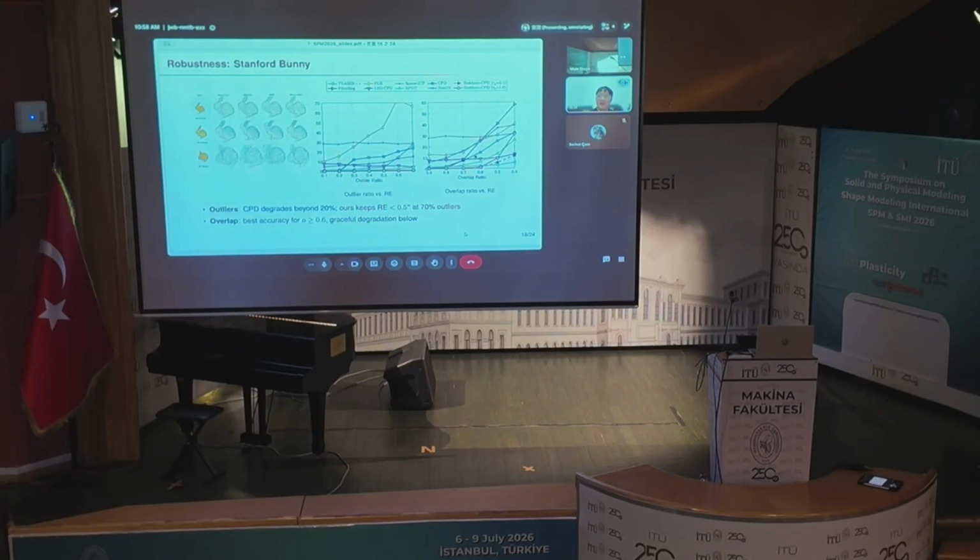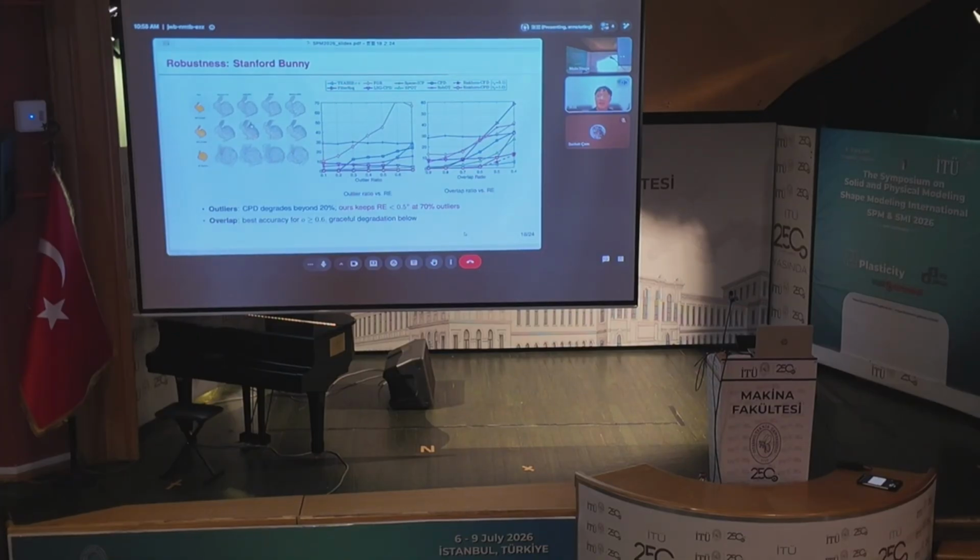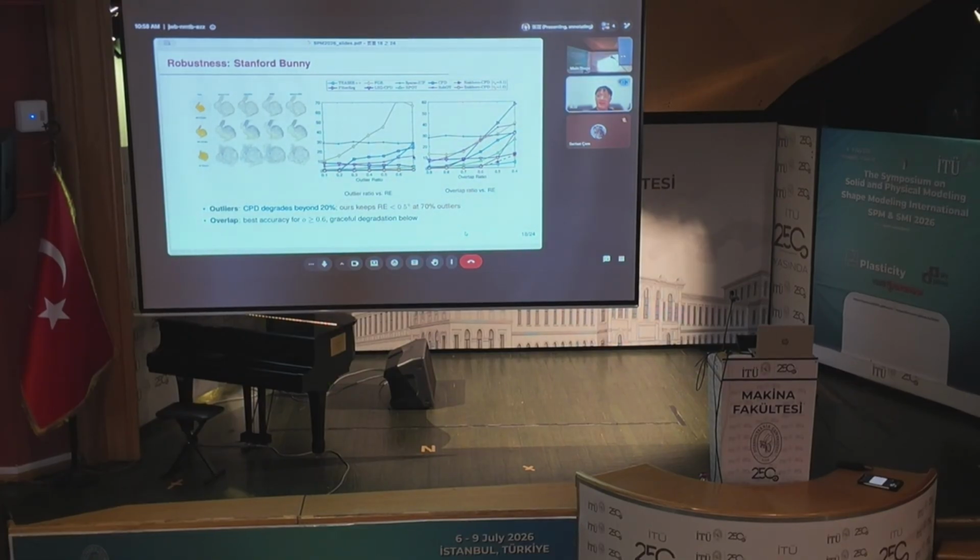Here are four experiments. The first one is the test in the sample body. In the latter slot, we increase the interval. This is CPD, and it fails after 20%.